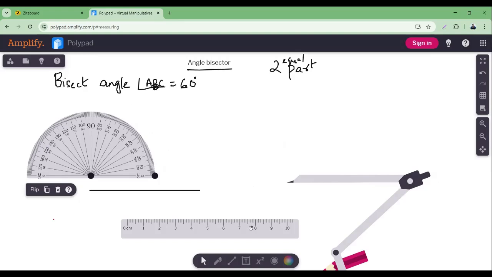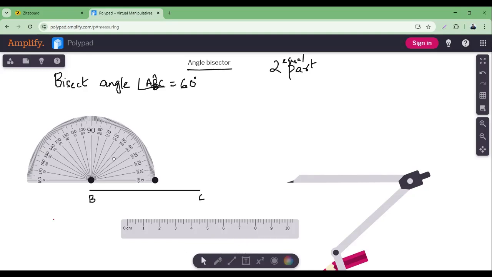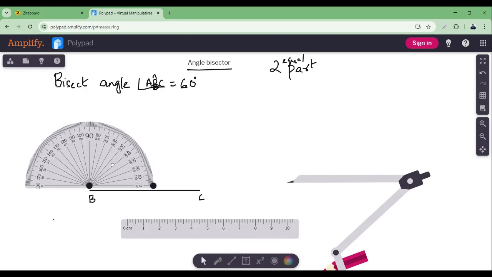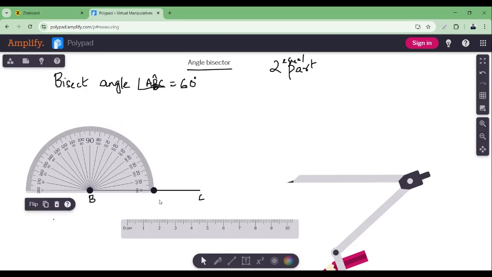The vertex is B. So I'm going to write a B here and C here, with no specification of centimeter. I'm keeping the center of the protractor at B. And now I need to count 60 from the 0 here, and I find that it is to be here.